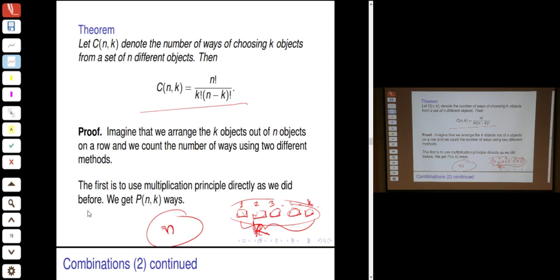The first position can be filled in n ways. For every way of doing that, the second position can be filled in n minus 1 ways. For every way of filling the first 2 positions, the third position can be filled in n minus 2 ways, up to the kth position being filled in n minus k plus 1 ways, which is exactly n factorial over n minus k factorial, for which we used the notation P(n,k) in the previous lecture. Okay. So this is what we had.